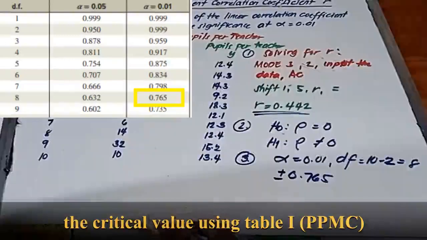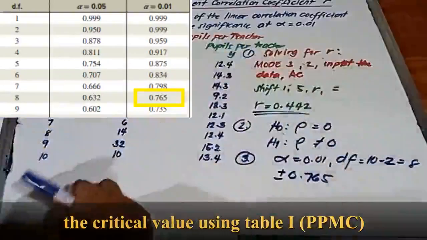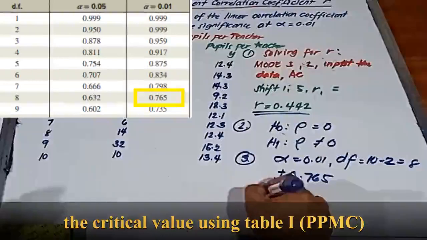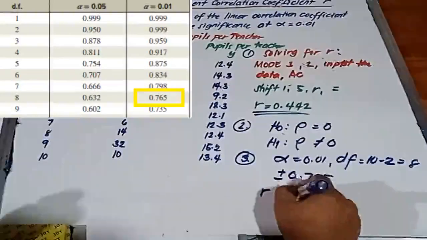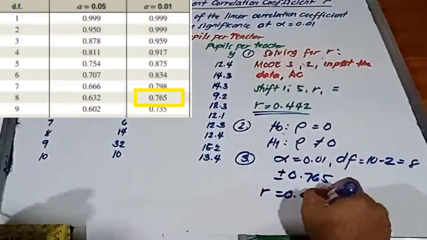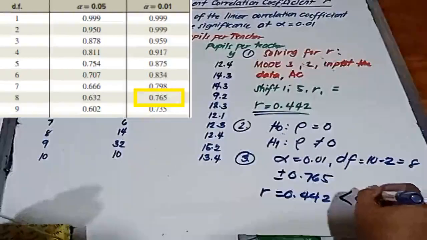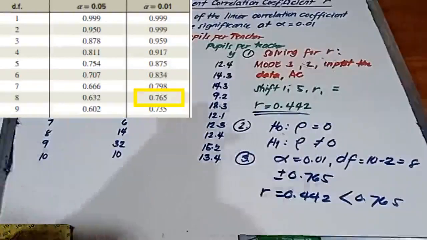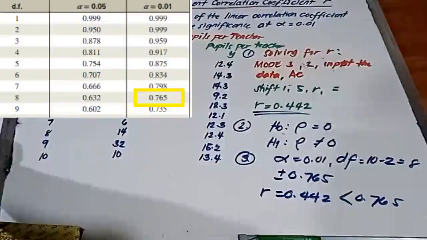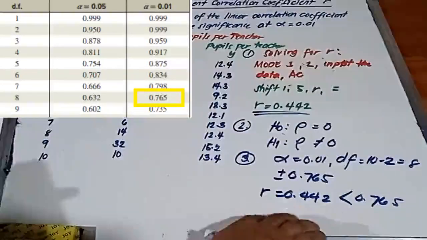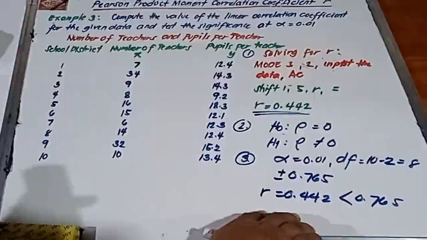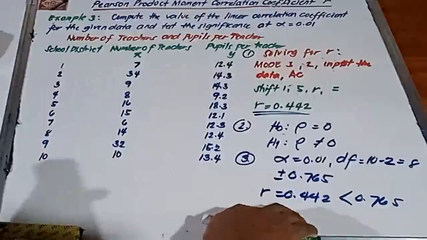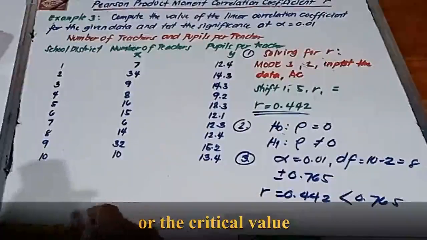Okay. Yan ay alpha 0.01, degrees of freedom 8. Now, i-compare natin yung ating na-solve na R. Mapapansin natin yung R natin, which is 0.442, is less than 0.765. Nakalagay doon sa table I natin, kapag yung ating absolute value of R is greater than our value that we got from the table, we reject the null.